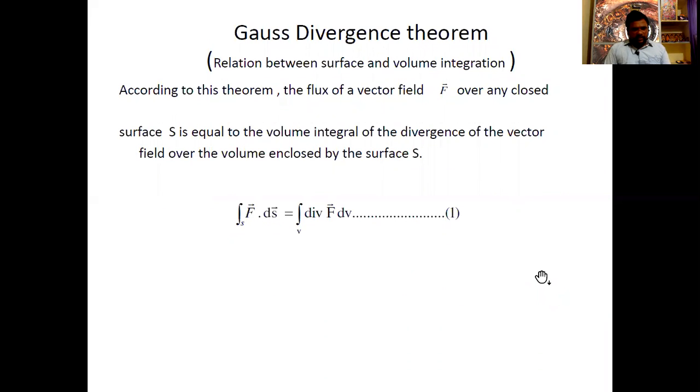Next, let us discuss the basic theorems of vector calculus. The first one is the Gauss divergence theorem.